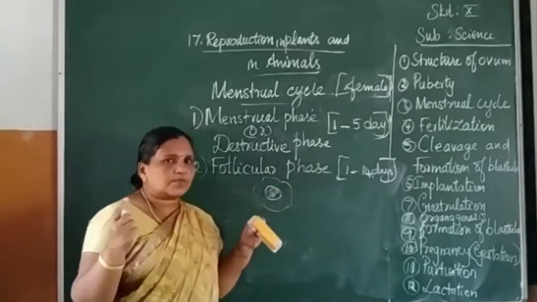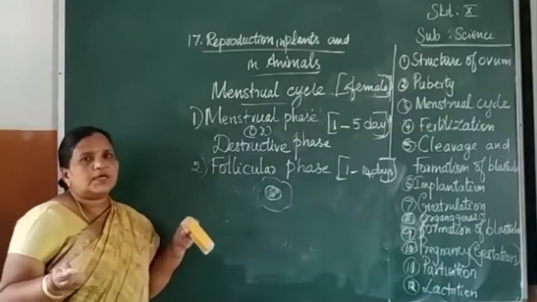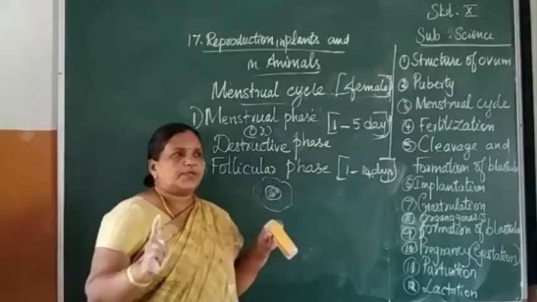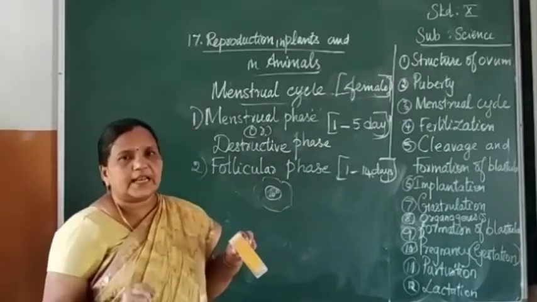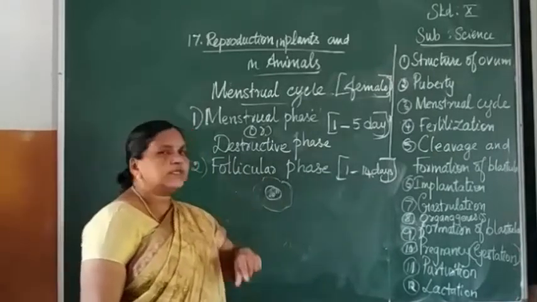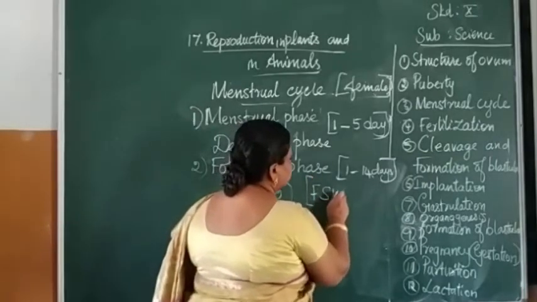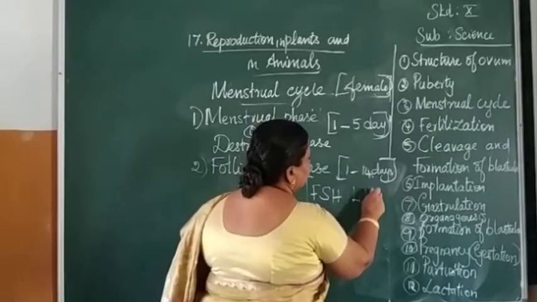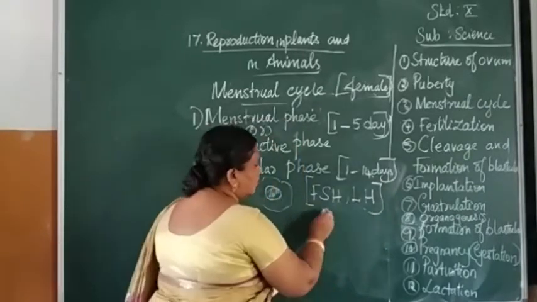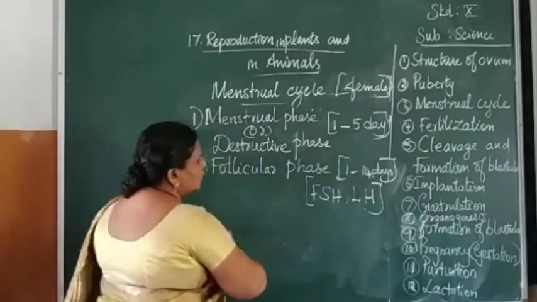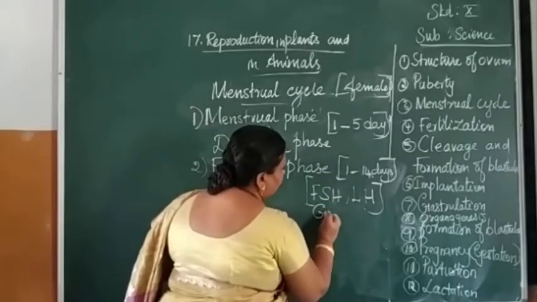More follicle cells are formed, and the gonadotropic hormones FSH and LH will be secreted more in this phase. These two are called the gonadotropic hormones.